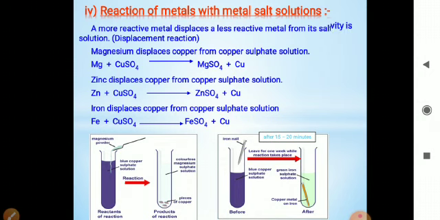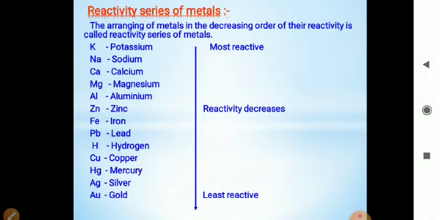So the next is, all the time we are saying more reactive metal or less reactive metal. How can we decide which metal will be more reactive and which will be less reactive? This we can decide on the basis of the reactivity series. The arrangement of metals in the decreasing order of their reactivity is called the reactivity series, which you can see in this slide.